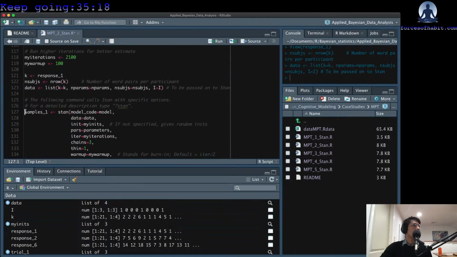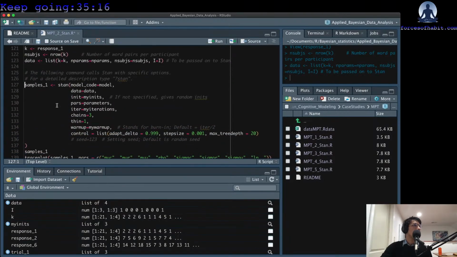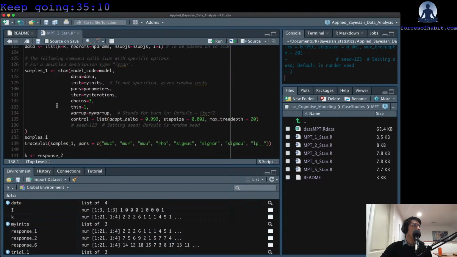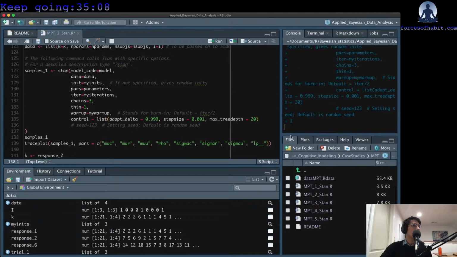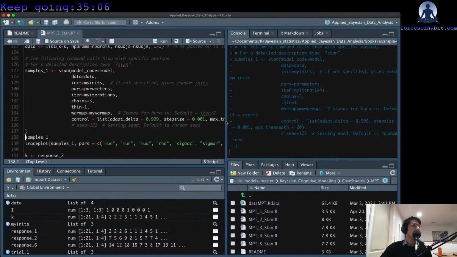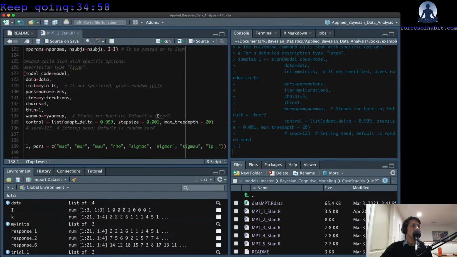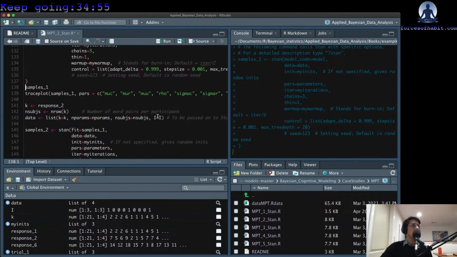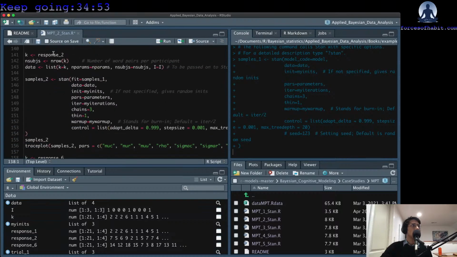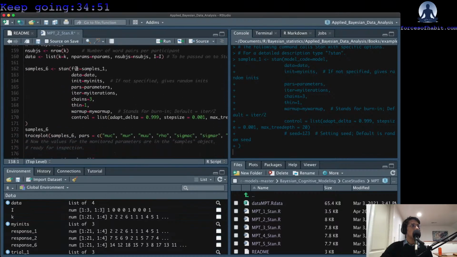And then here's the... Let's see what happens. Might just catch a crash really quick. Good starter crash. And then we'll do response 2, and then response 6.